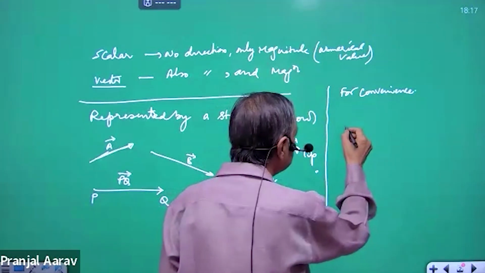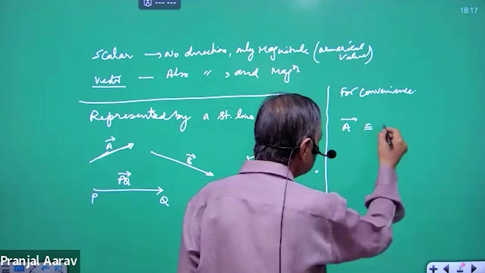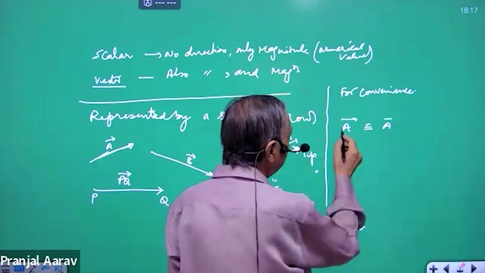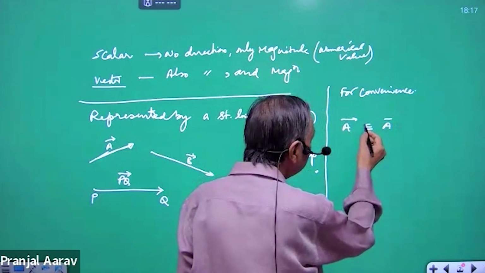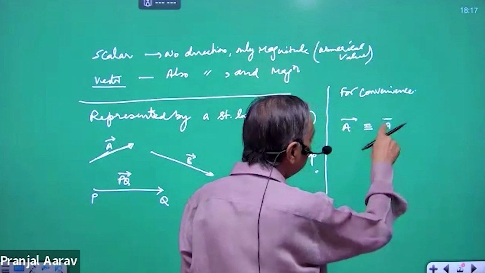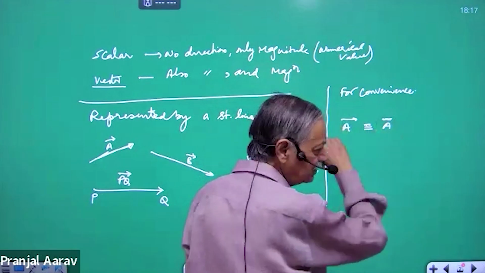For convenience, a vector is the same as this straight line, okay? Arrow is not there. It is the same thing.